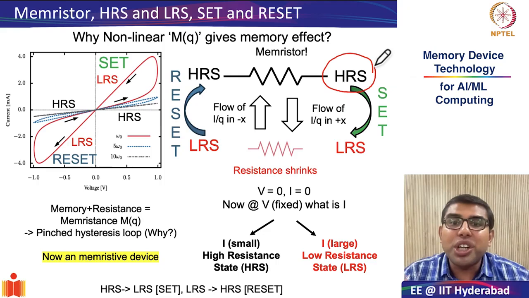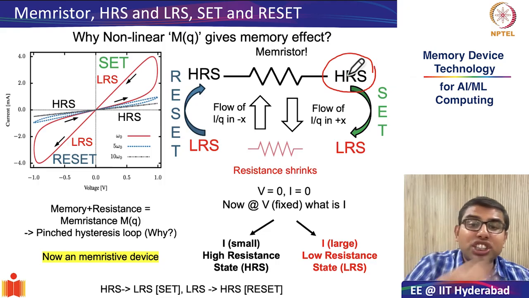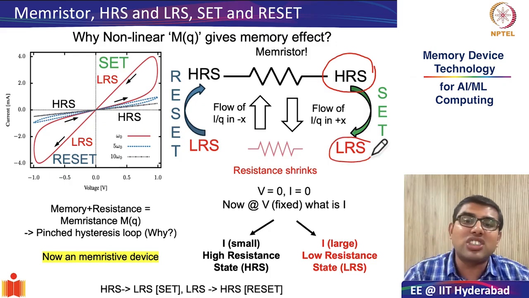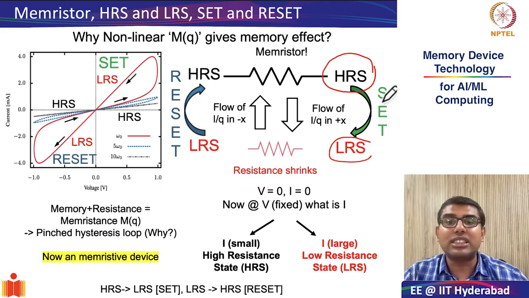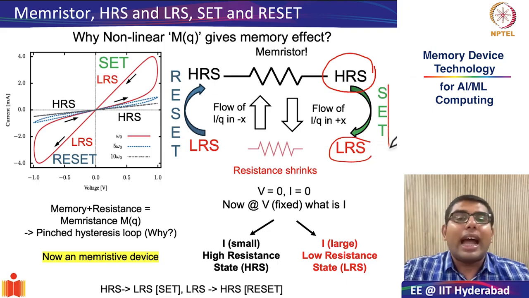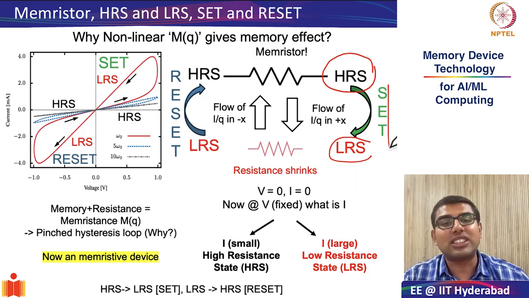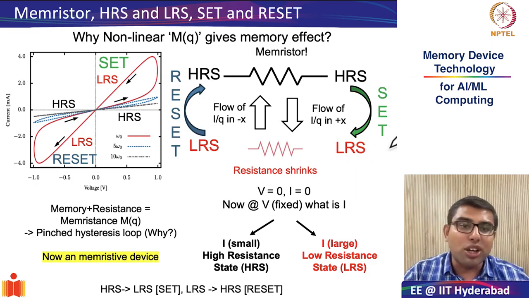Therefore, naturally it is in high resistance state. So moving from a natural, or as-fabricated, high resistance state to low resistance state is called the set. And taking it back from low resistance state to high resistance state is called reset. So please remember these terms.